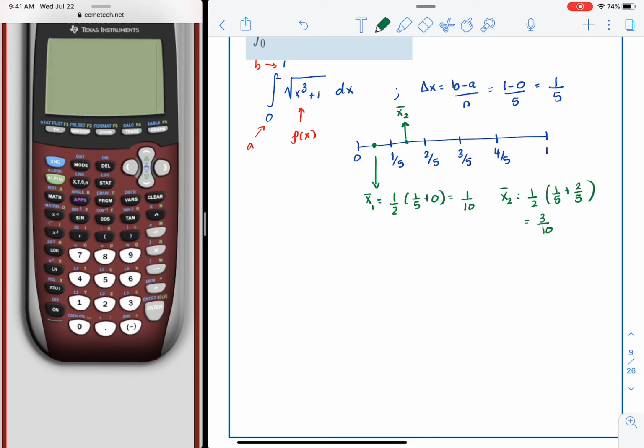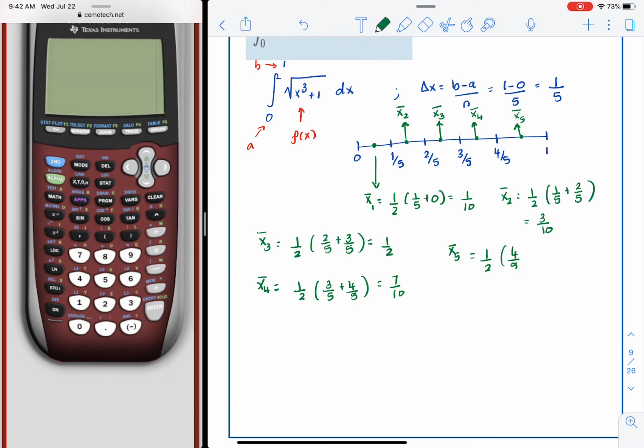And x3 bar is 1/2 times 2/5 plus 3/5, which is simply 1/2. x4 bar is between 3/5 and 4/5. 1/2 times 3/5 plus 4/5, which is 7/10. x5 bar is between 4/5 and 1, so 1/2 times 4/5 plus 1, that is 1/2 times 9/5, we get 9/10.